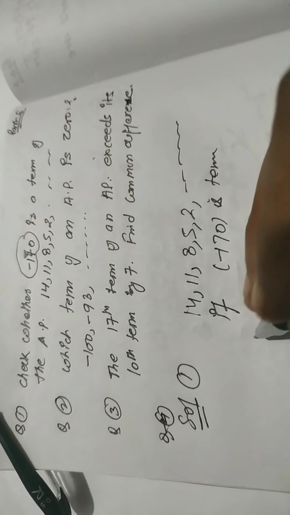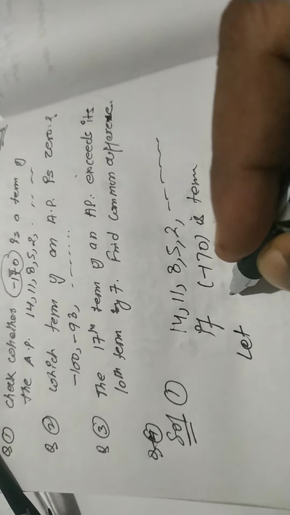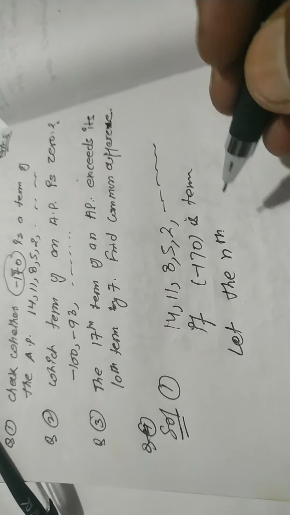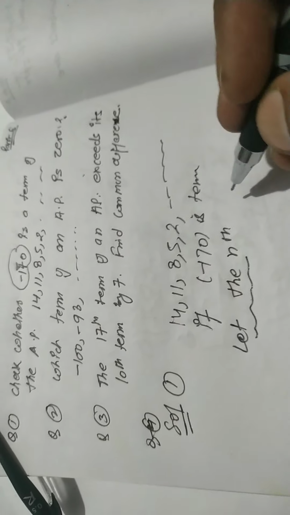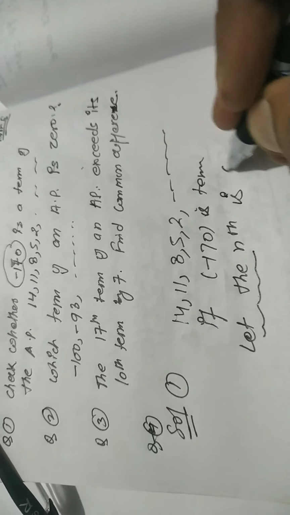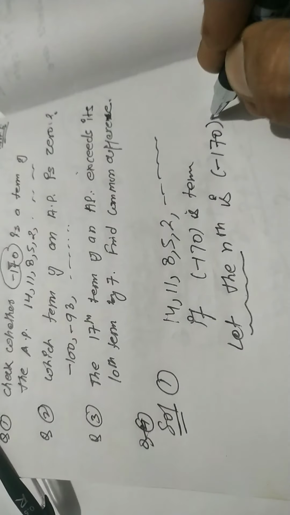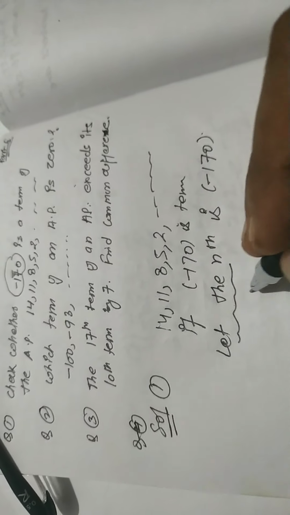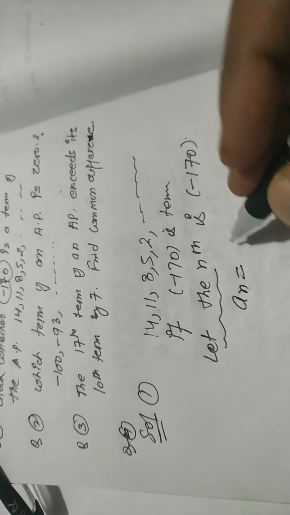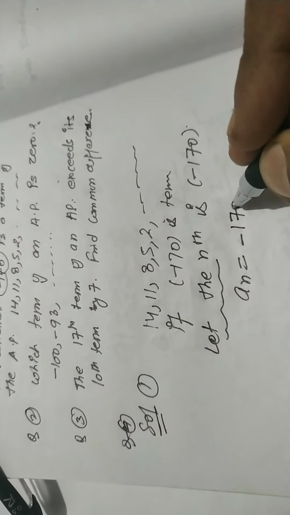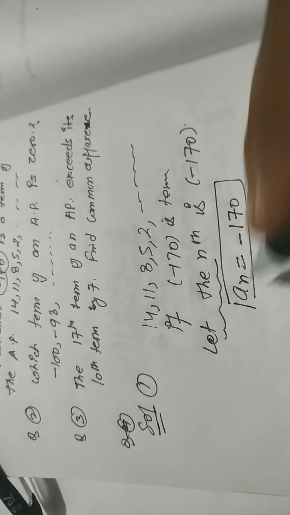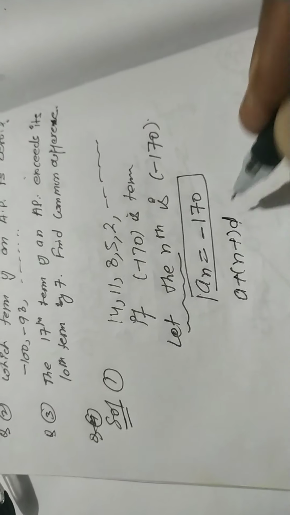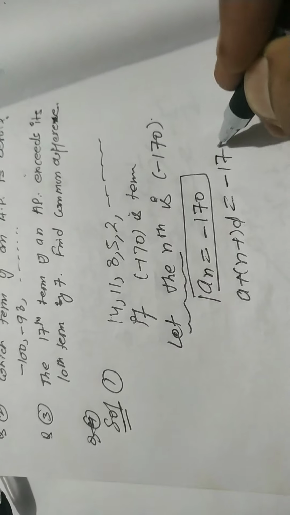So let the nth term be minus 170. We don't know which term it is, so we assume the nth term is minus 170. The nth term is a plus n minus 1 into d, equal to minus 170.